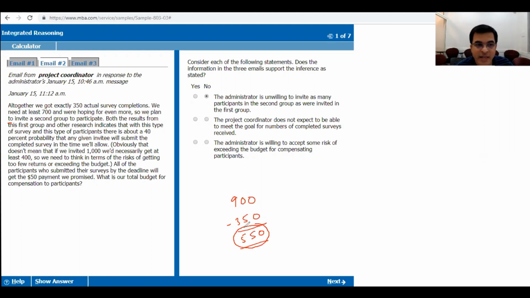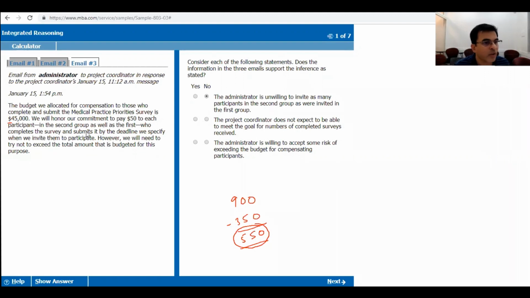So there's nothing indicating that he will not meet his goal. Secondly, the admin is telling him that we'll compensate in the second group as well, whoever submits. So he's not even in any way telling him that you cannot exceed your budget. So everything is pointing to the fact that we cannot conclude that he does not expect. There's no way we can infer this. So we have to again mark a no for the second sub question.